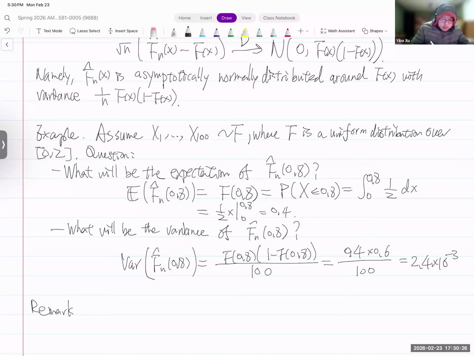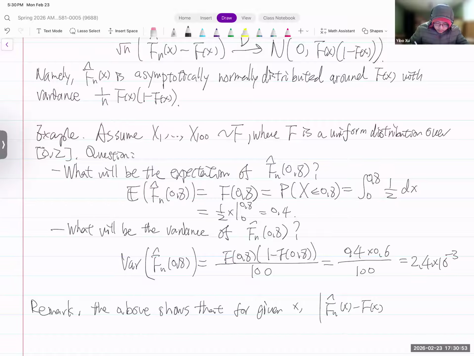So the above analysis also tells you that for a given x, this difference actually converges to 0 in probability.